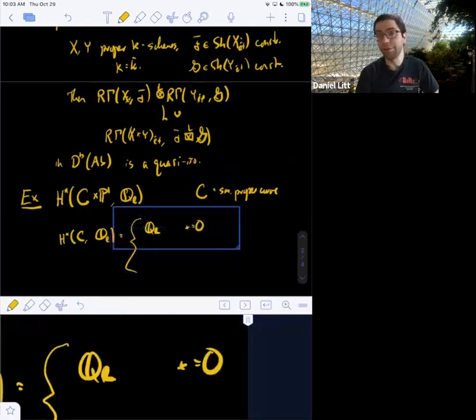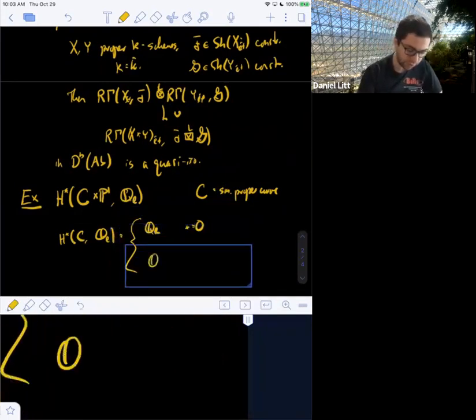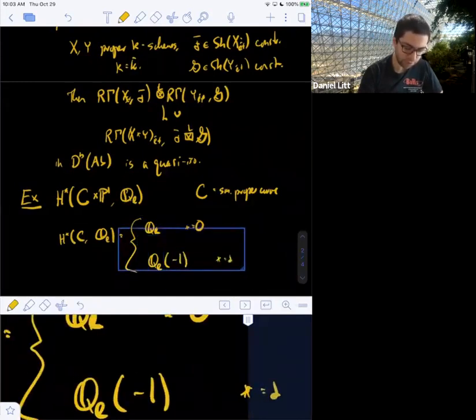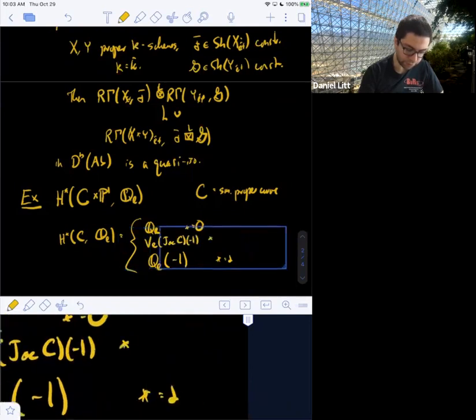You get Q_L(-1) for star equals 2. And here you get, if you'd like, the L-adic Tate module of the Jacobian twisted by -1 for star equals 1.